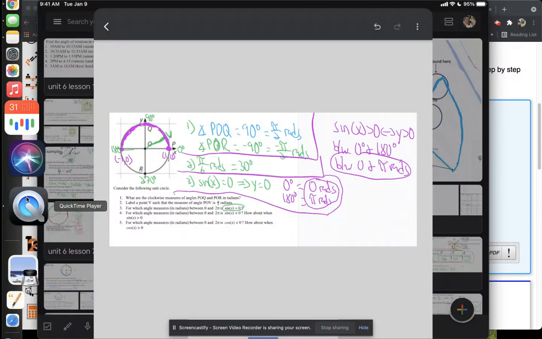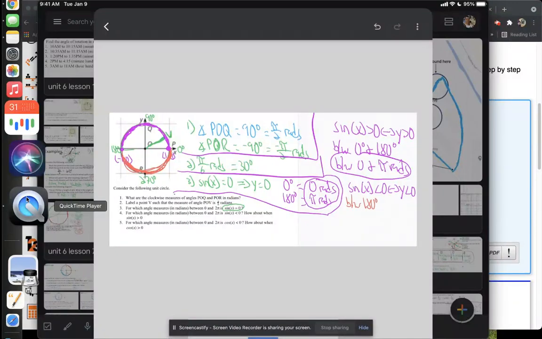Okay. And then that would be sine of x greater than 0. Sine of x less than 0, again, means we want y to be less than 0. So for that one, I'm going to use a different color. So y less than 0 would be in this range right here. Okay, so that would be between 180 degrees and 360 degrees.